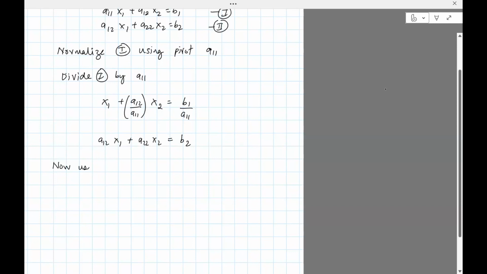Okay, now use the first equation to eliminate X1 from the second equation.